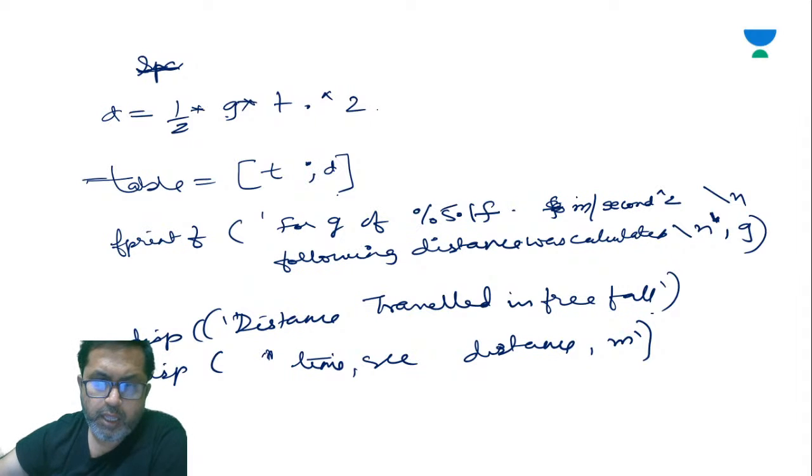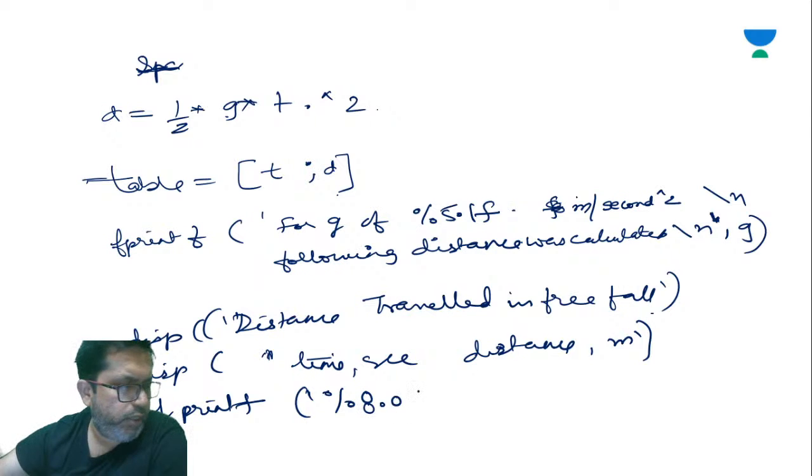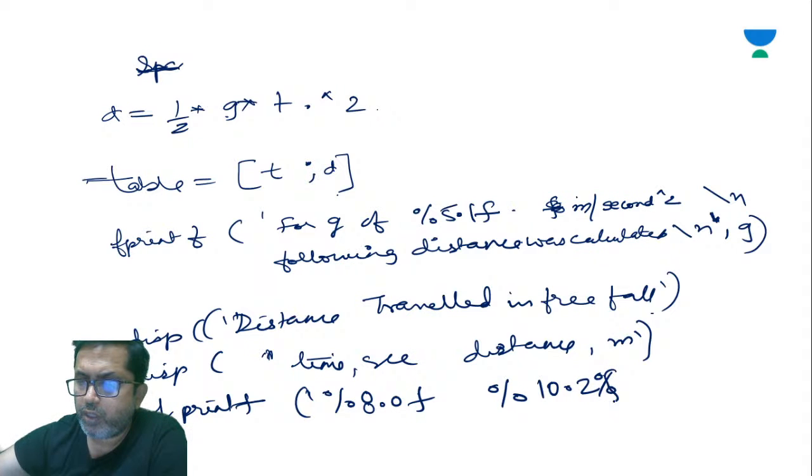Then you say fprintf is equal to %8.0f %10.2f, sorry, this is fprintf backslash n table.